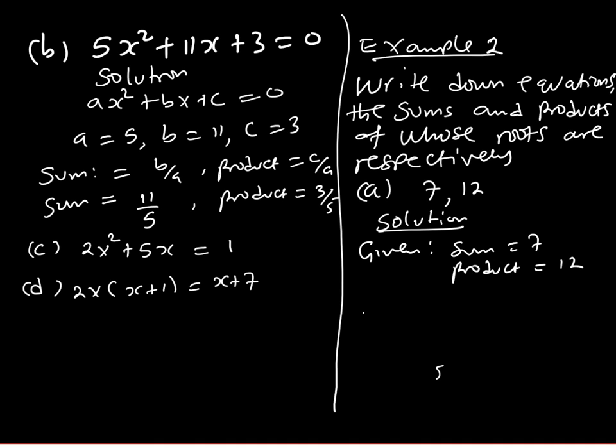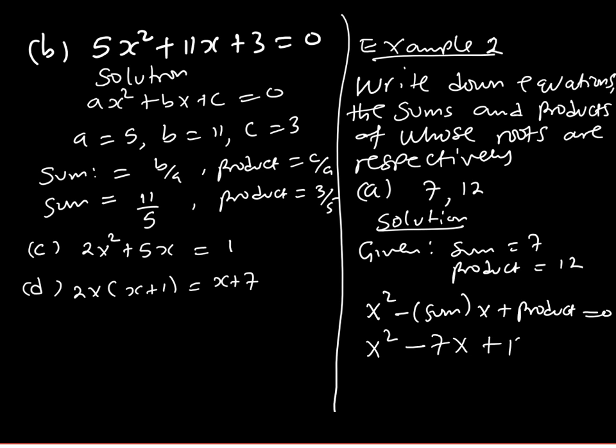We said the most convenient way of writing this is to have your equation as x squared minus sum into x plus product equals 0. That's the most convenient way of writing a quadratic equation if you are given the sum of roots and the product of roots. So this is going to be x squared minus 7x plus 12 equals 0. And you have your equation. They have given the sum and the product, and simply write down the equation.